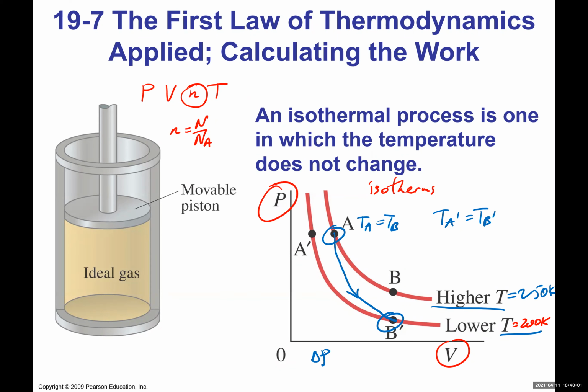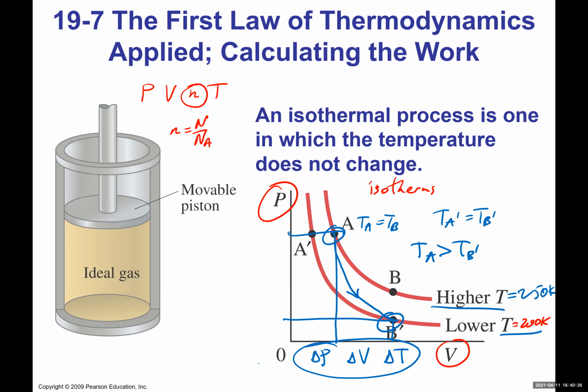There's a change in pressure because pressure A and pressure B prime are different. There's a change in volume because V_A and V_B prime are different. Then there's also a change in temperature because the temperature of A is greater than the temperature of B prime. That means this process allows all three of those quantities to change.